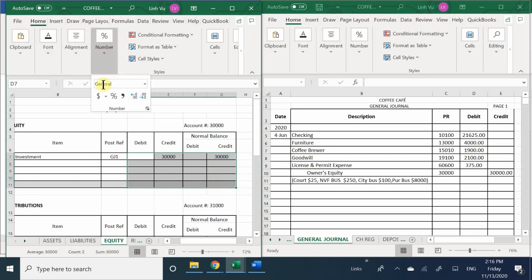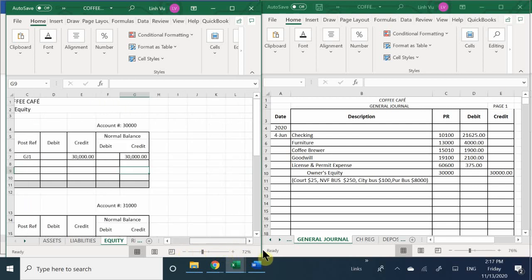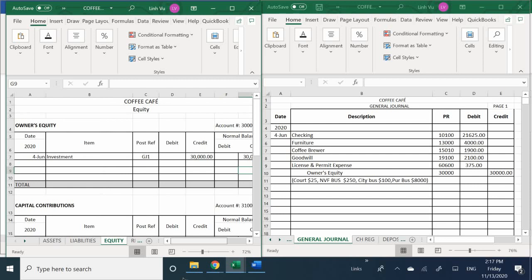Now in the gray, as we enter more and more transactions, is going to be your total quantity and total amounts. In this one, I don't want you to worry too much about it unless you want to figure it out on your own. Technically, it's going to be the sums of each debits and each credits, and the difference between them.